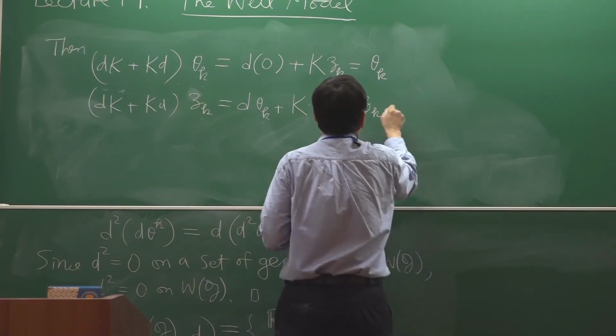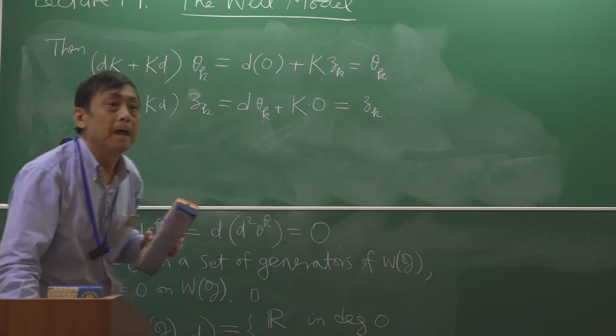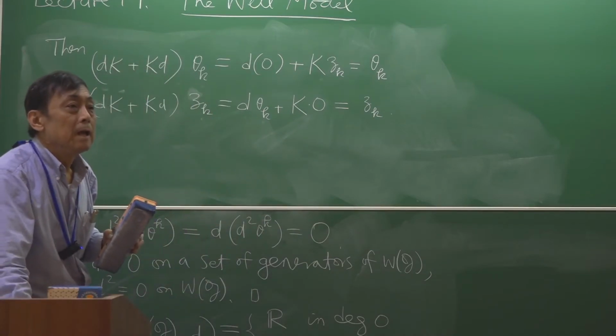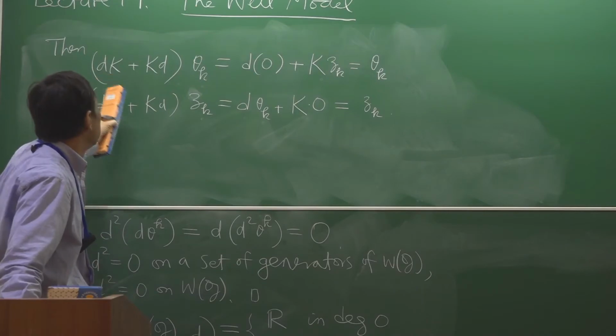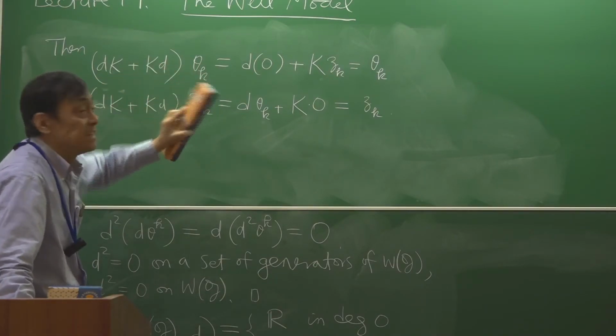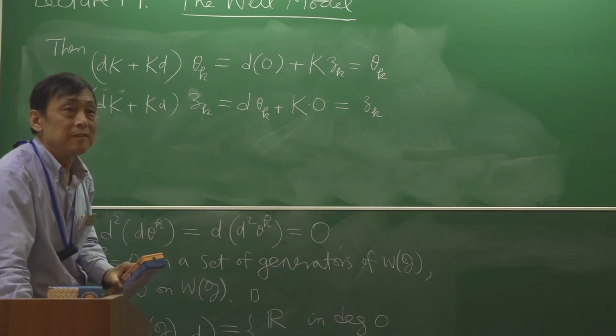Okay? So dk plus kd is the identity on the generators.